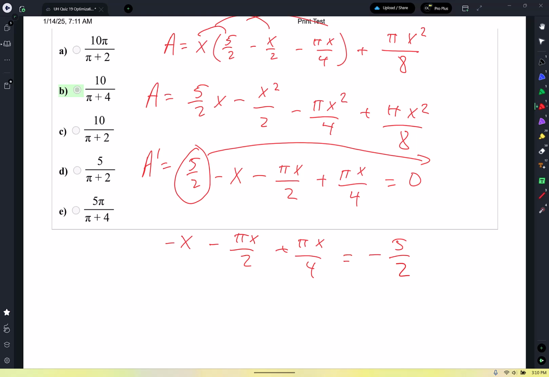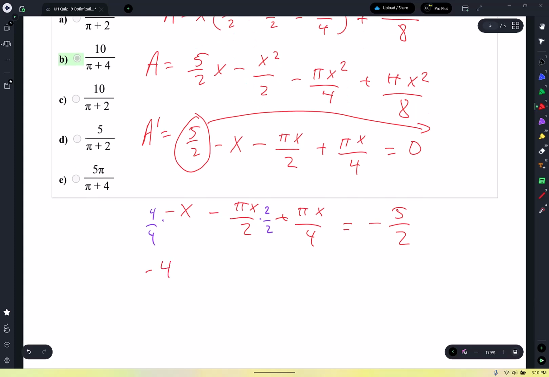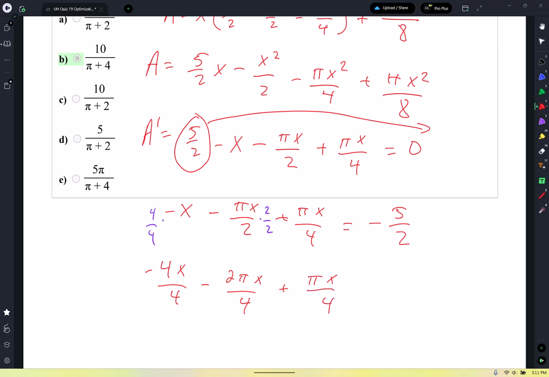All right. Now I'm going to go ahead and do common denominator. I'm going to multiply this sucker by 4 over 4, this one by 2 over 2, and that one I'm going to leave alone because it's already a 4. So I'm going to have negative 4x over 4 minus 2 pi x over 4 plus pi x over 4. I don't see any issue right now.